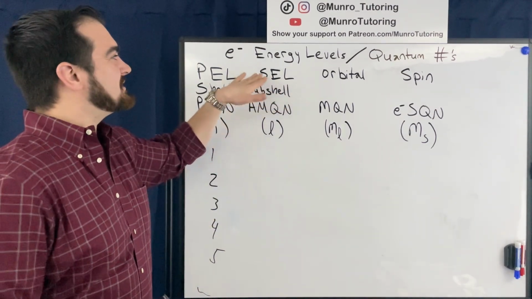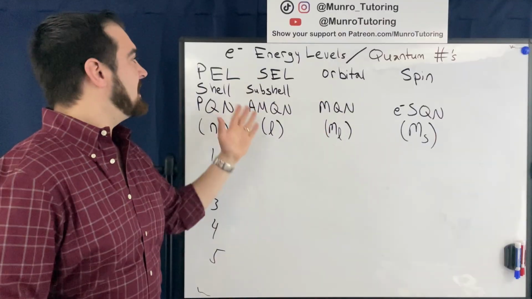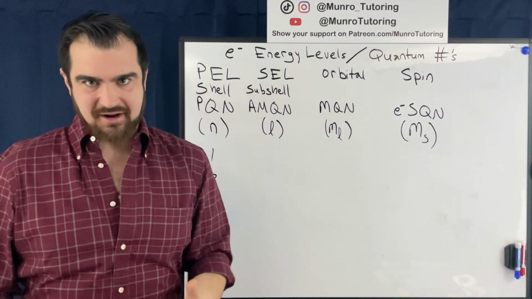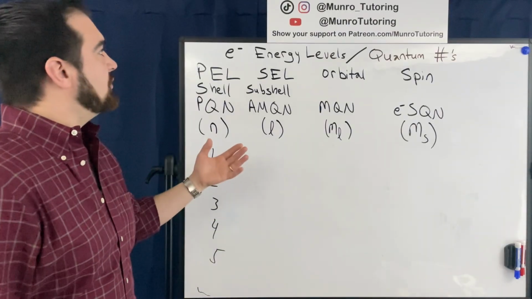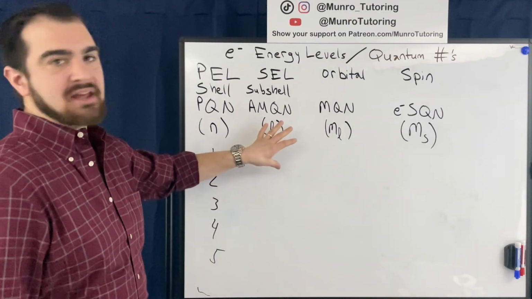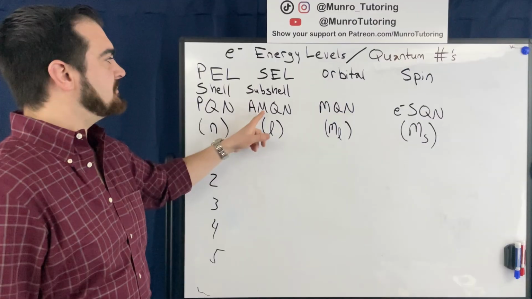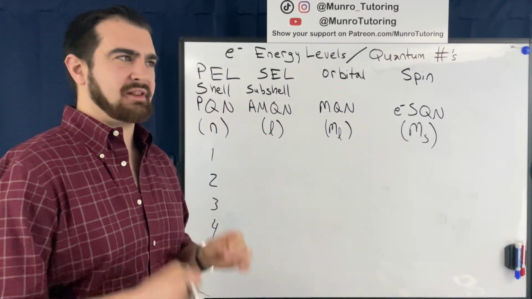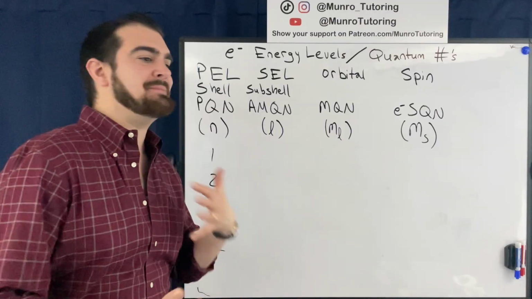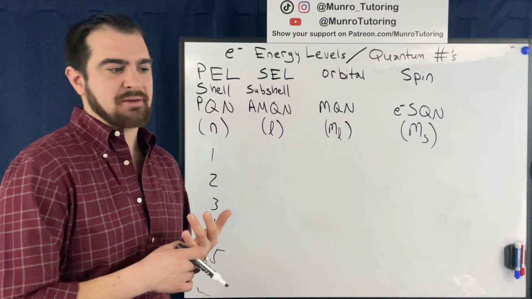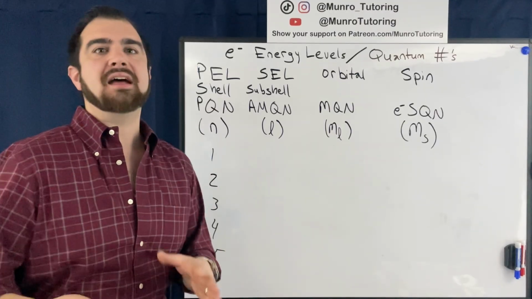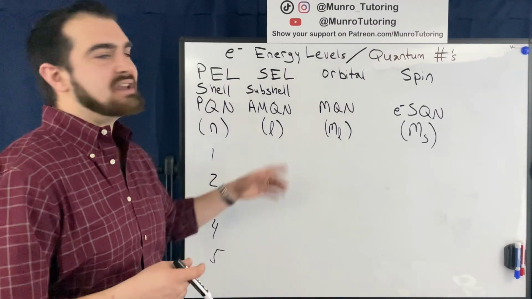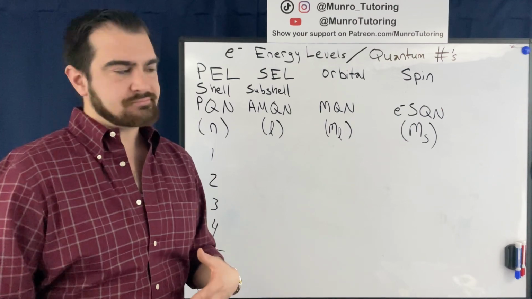Now, the next thing was the sub-energy levels, which I call subshells. And so that's the S, P, D, and F, right? When we talk about quantum numbers, we refer to them as the angular momentum quantum number. It sounds fancy. You don't really have to worry about what that means too much in most general chemistry courses, but just know that that number corresponds to the subshell. And we use a lowercase l to represent that.